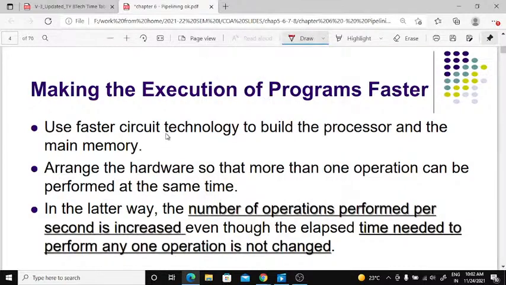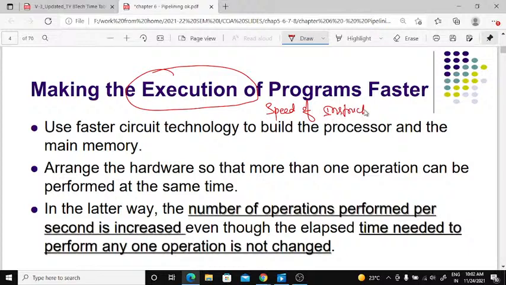The pipelining technique makes program execution faster. It makes the speed of instruction execution faster. So that is the main use of the pipelining technique.